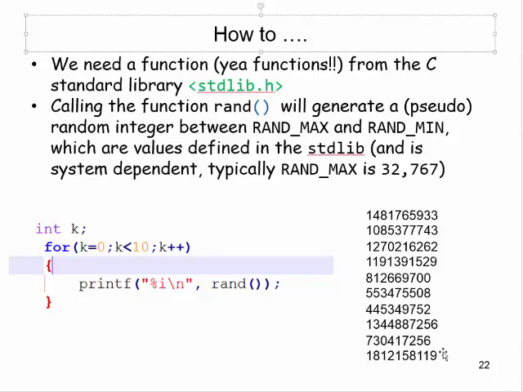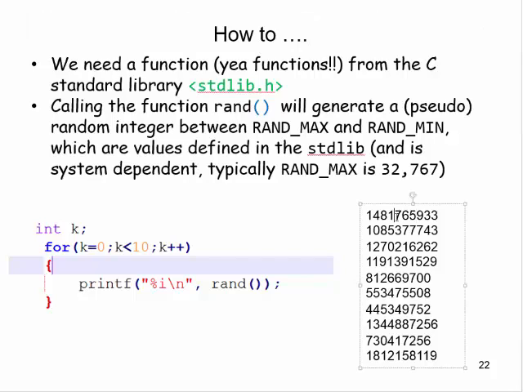And I get 10 random numbers. Big random numbers, yes. And it looks like my RAND_MAX is a bigger number than 32,767. This is a newer computer I have, so I clearly have a bigger RAND_MAX. So anyway, it generated my 10 random numbers here.